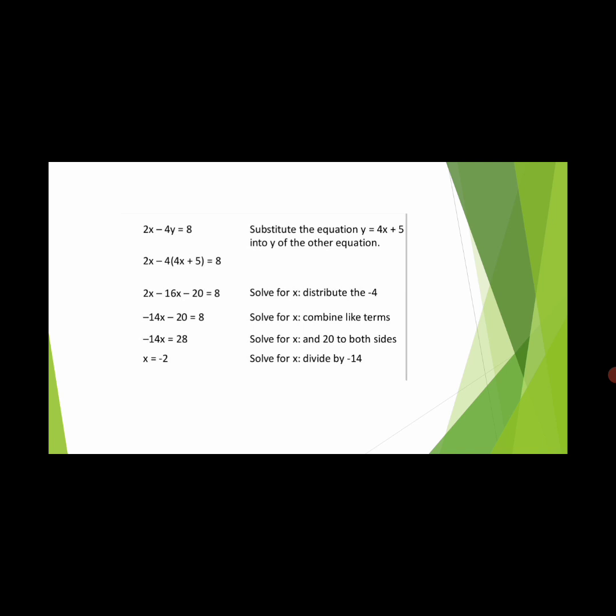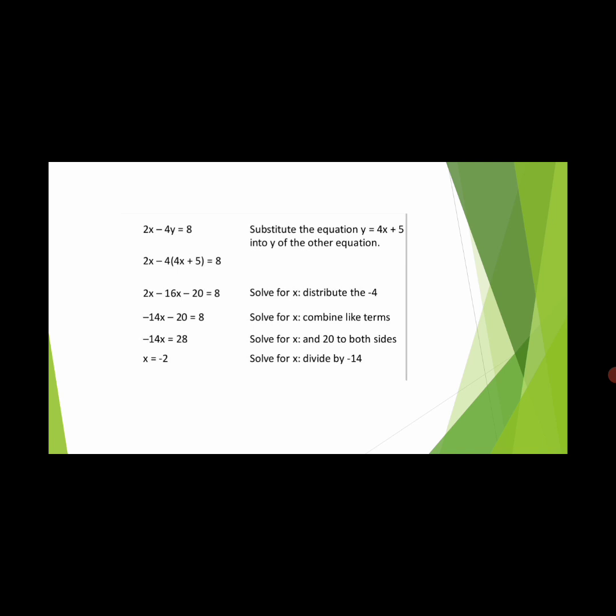So first we have to find the y value. The y value is substituted into the equation 2x minus 4y equal to 8. 2x minus 4 times the y value, which is 4x plus 5, equal to 8. 2x minus 4 into 4 is 16x, and minus 4 into 5 is 20, equal to 8.